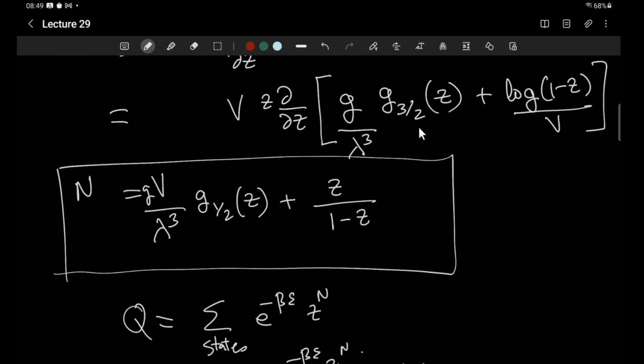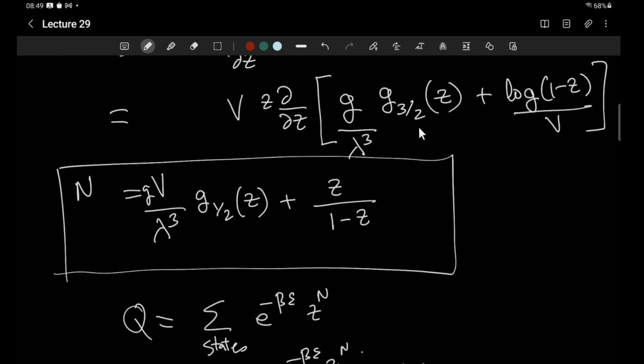Who was objecting? No, sir. I think I'm making a mistake. Okay. So the correct statement is, if you remember in terms of phi, phi is minus KBT log Q. So d phi by d mu is actually mu by KBT.